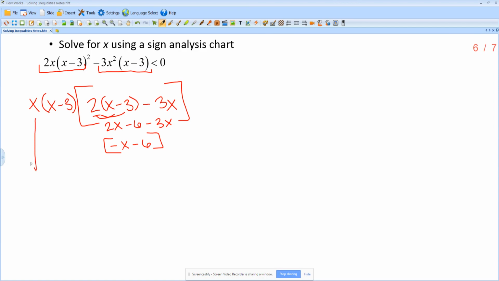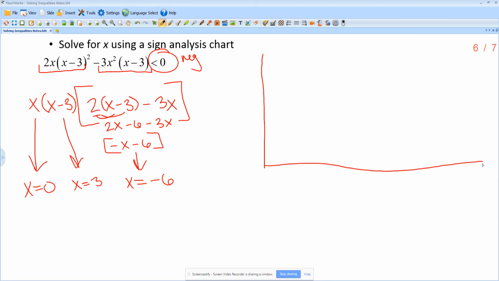So I have 3 critical values here. x equals 0, x equals 3, and x equals negative 6. In this problem, I'm looking for negatives. So I make my sign analysis table.